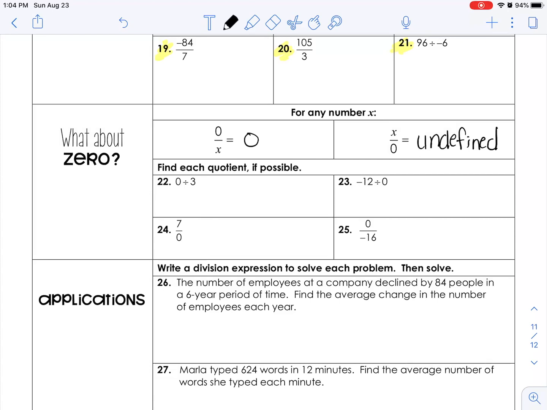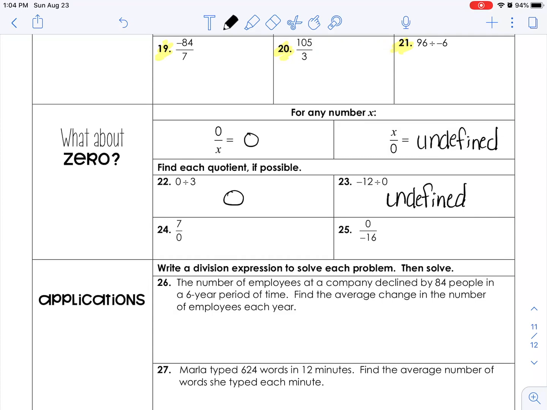So looking at what that would look like, number 22, 0 divided by 3, we're dividing by 3, so that's 0. Negative 12 divided by 0 is undefined. You don't want that second number or the denominator number to be 0.